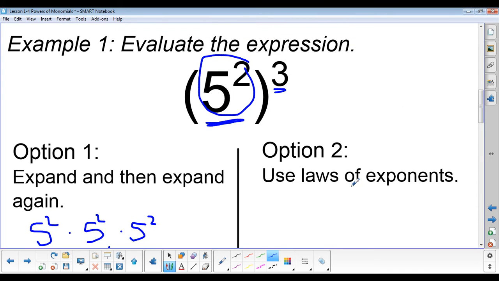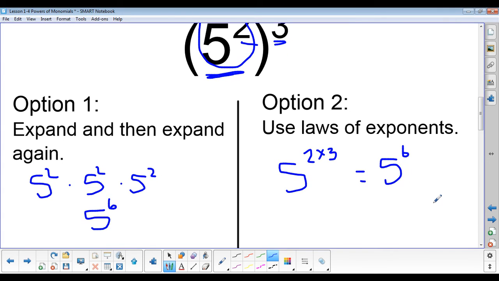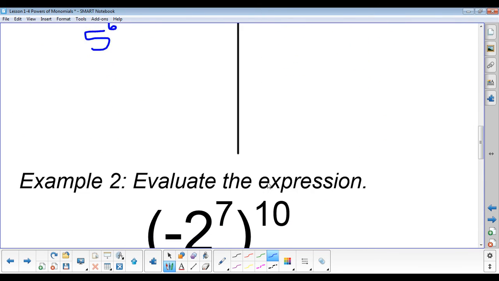But the other way to do it, the shortcut, is I multiply the exponent with the power it's being raised to. So 5 to the 2 times 3 is 5 to the 6th power. And this property is known as the power of a power.